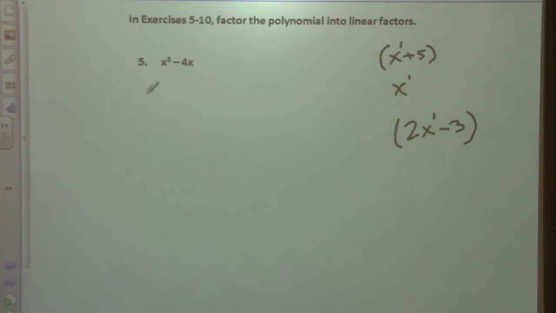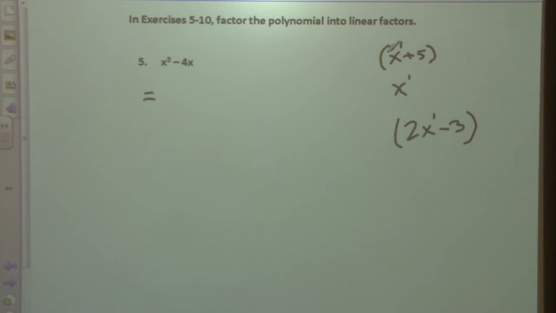For instance, we look at this one, x cubed minus 4x. What kind of polynomial do we call this one? Pull out your vocabulary. What do we call this thing here?